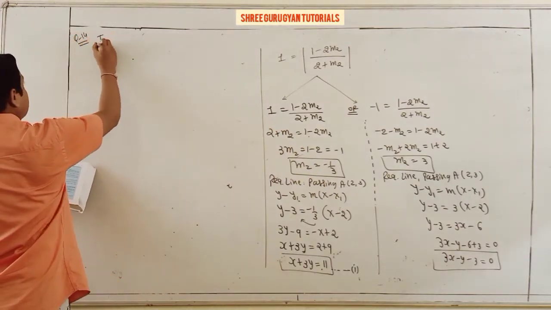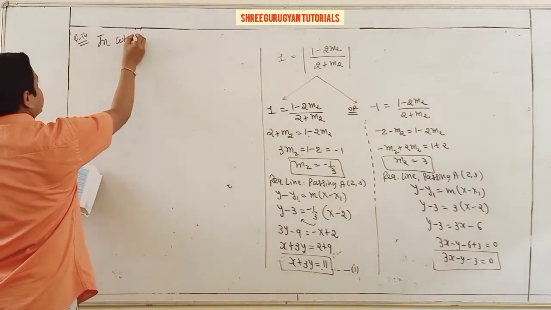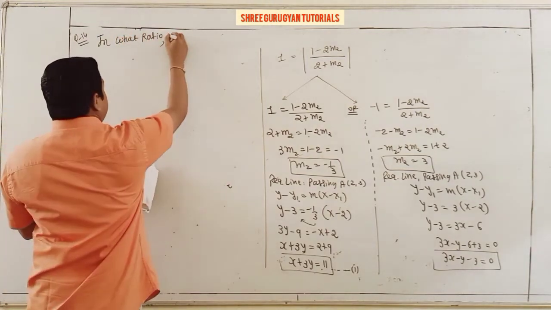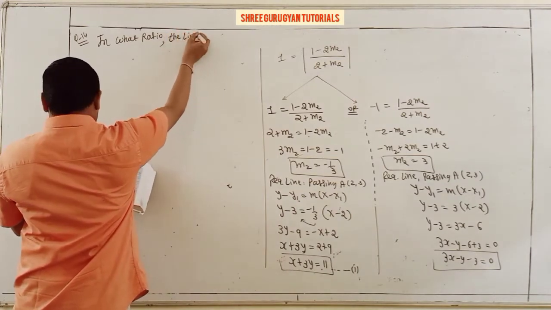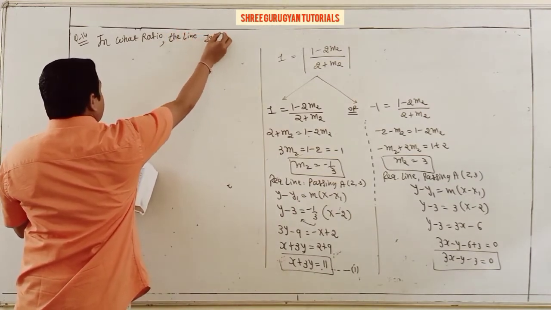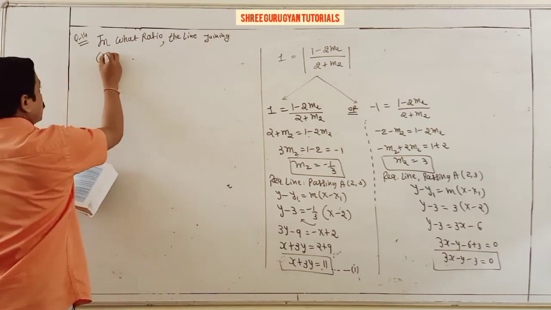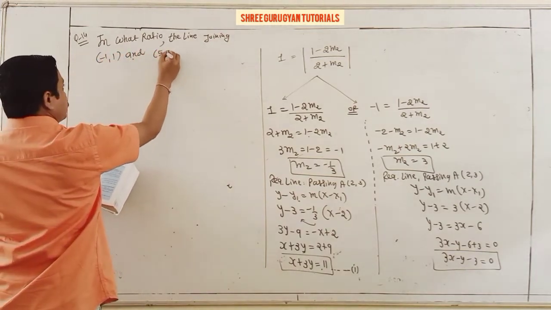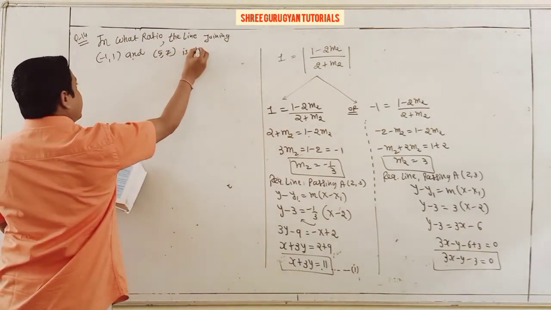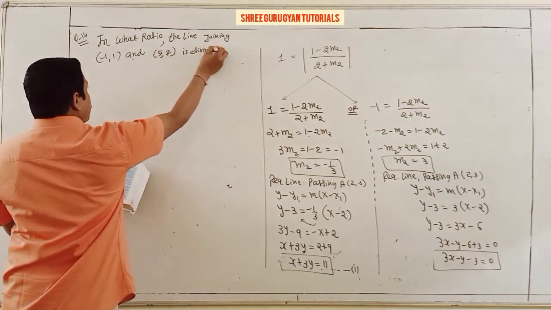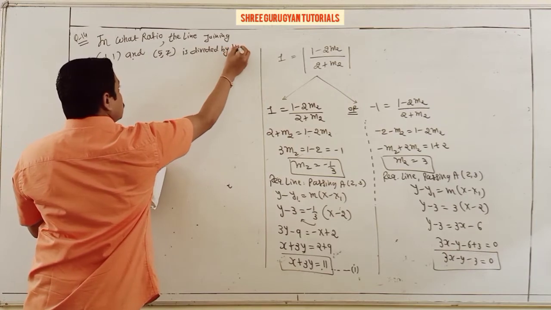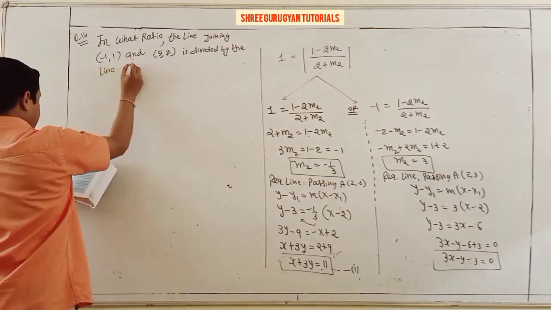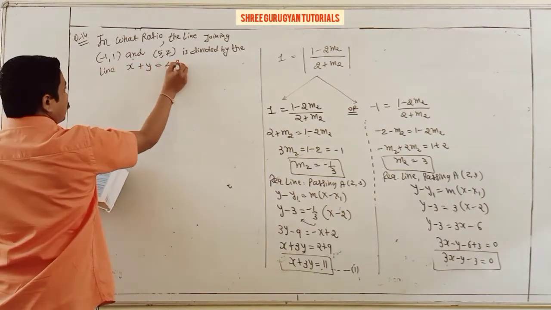The question is asking in what ratio the line joining (minus 1, 1) and (5, 7) is divided by the line x plus y equals 4.